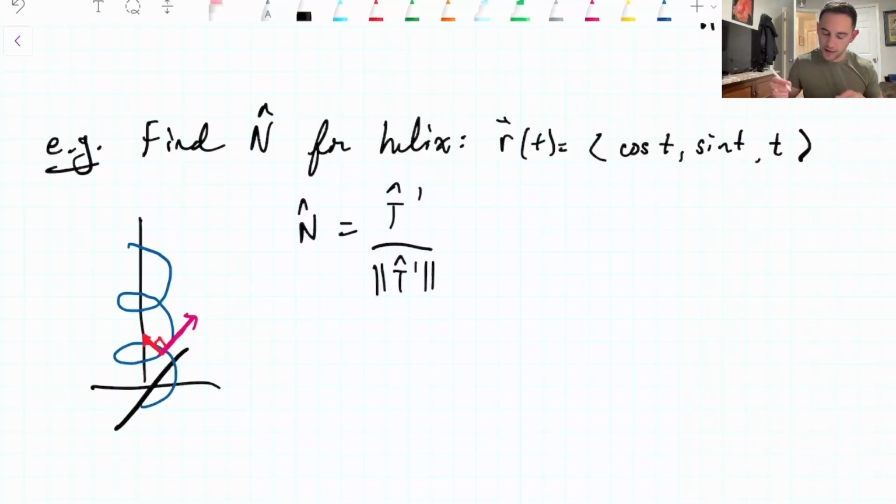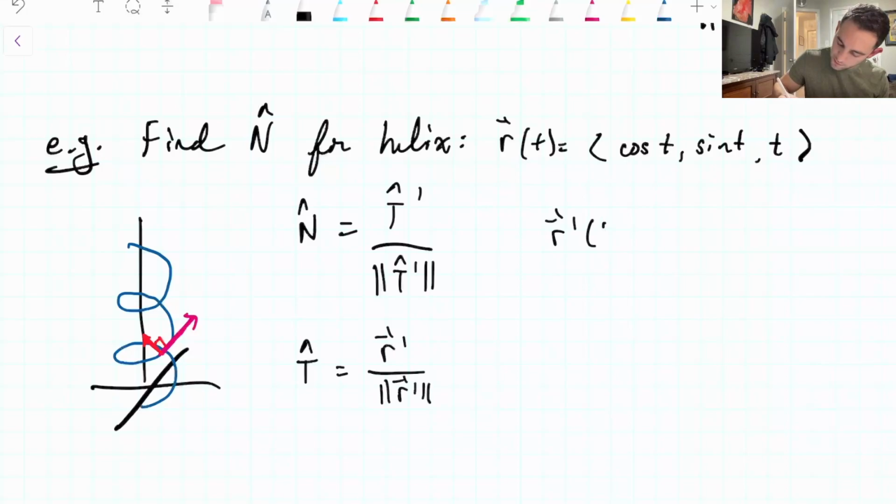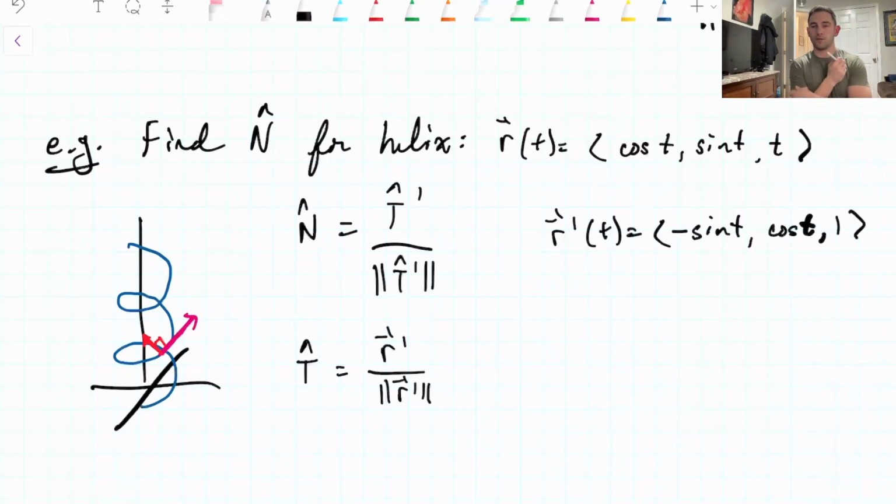So let's go ahead and find t hat. T hat, I know, is r prime normalized. R prime we can find without too much trouble. Minus sine t, cos t, 1 appear to be the derivatives of all of those component functions. We found the speed of this to be square root of 2 the other day, and that's a valuable number to remember just because we're going to be talking about this particular helix a lot.